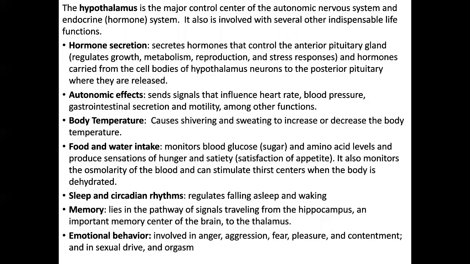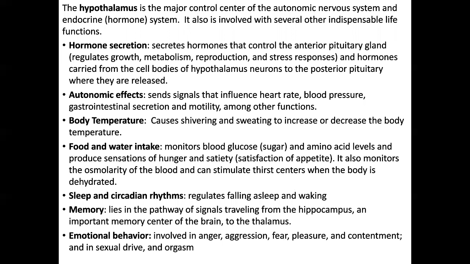All right, our next structure, part of the brain that you're probably going to get very tired of hearing about, because you're going to basically hear about it all semester long. We can describe our hypothalamus as the major control center of our autonomic nervous system, as well as our endocrine system.